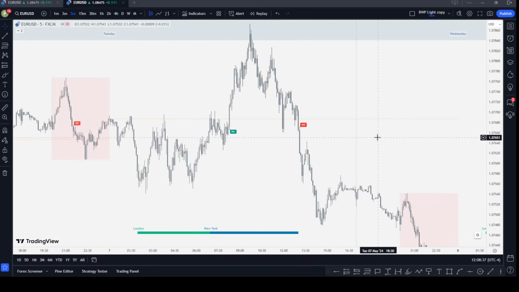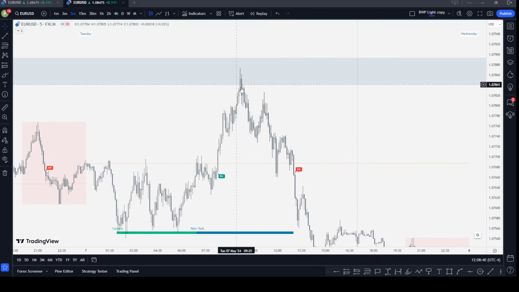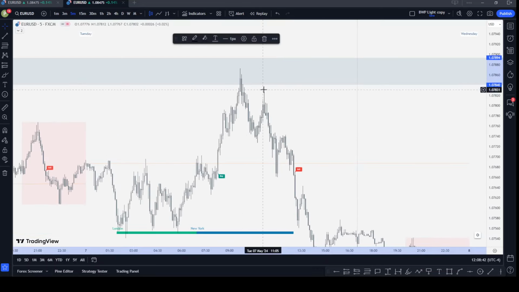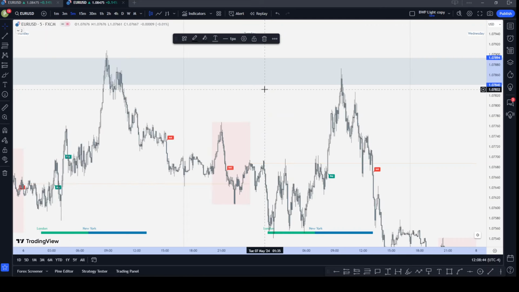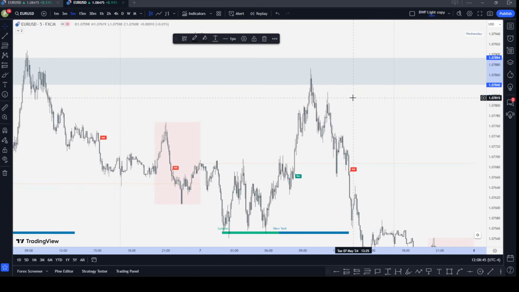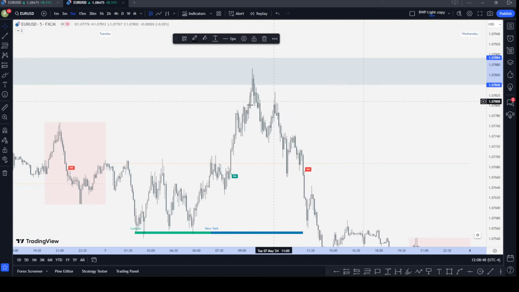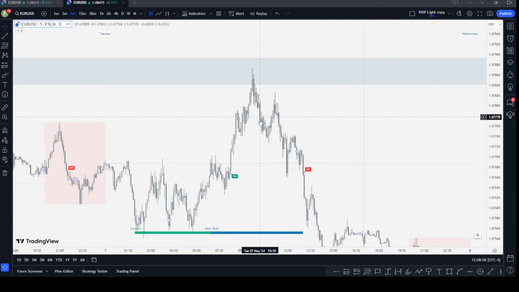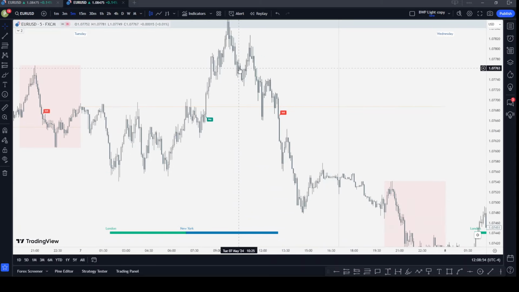You can see from here again, price came back to the new week opening gap, and then we had a change in state of delivery somewhere here. So you could have gone short here, but if you are using the indicator, this is a sell.